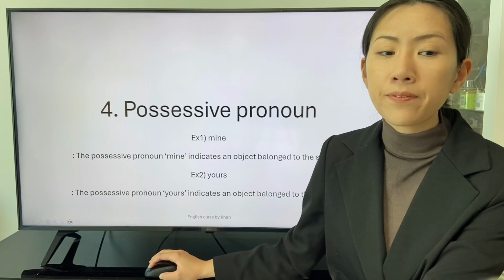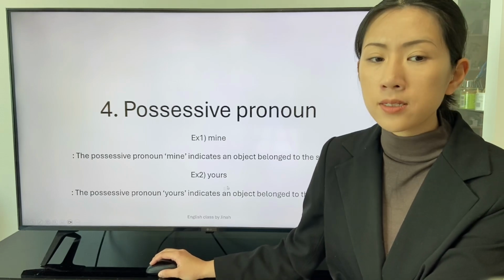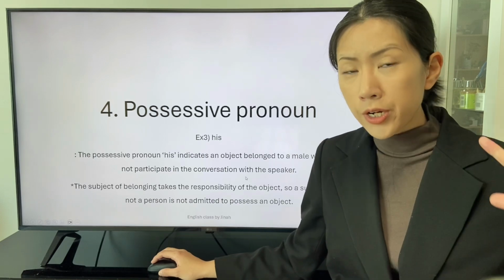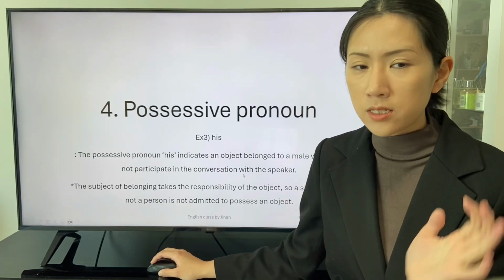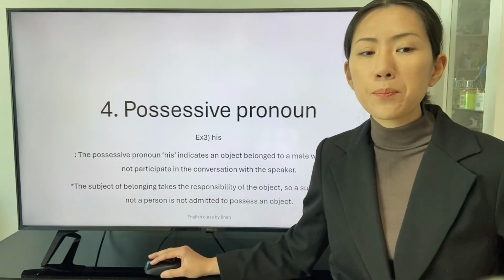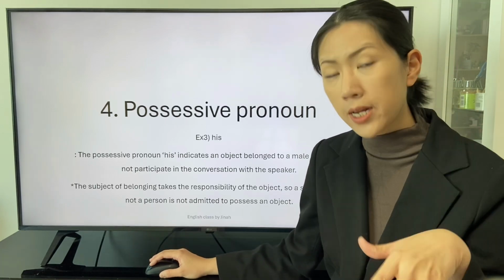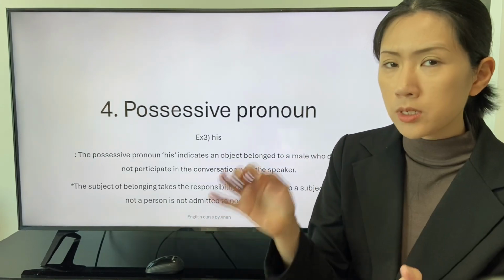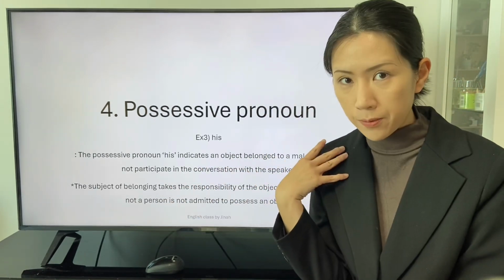The possessive pronoun yours indicates an object belonging to the listener. The third example of possessive pronoun is his. The possessive pronoun his indicates an object belonging to a male who is not a participant in the conversation with the speaker.